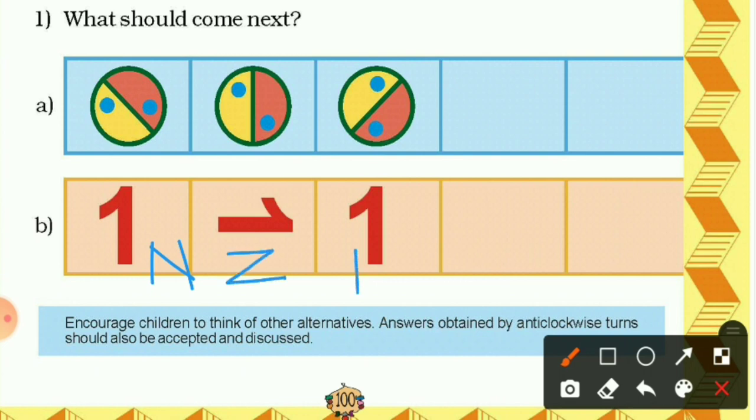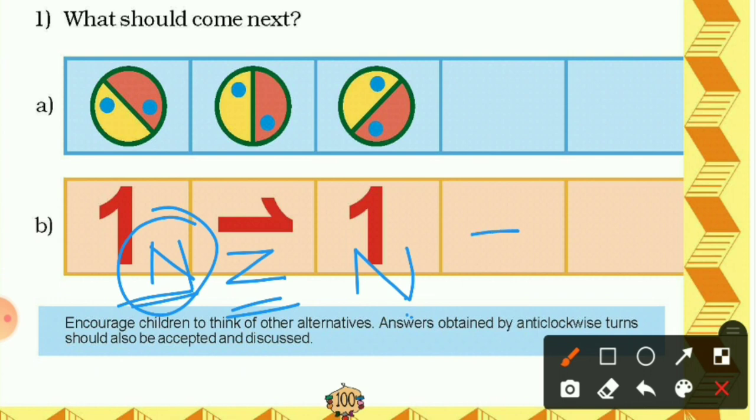Then the next picture is its original n. You can see the relationship between the first and second: the first picture was just turned by a 1/4 turn, and next we have got the same picture n.